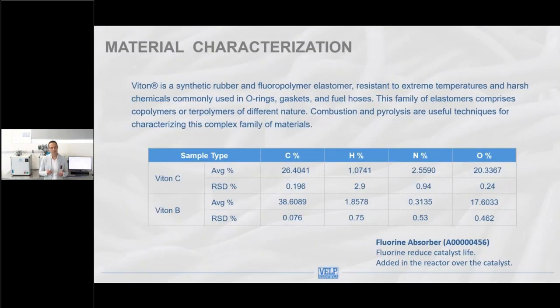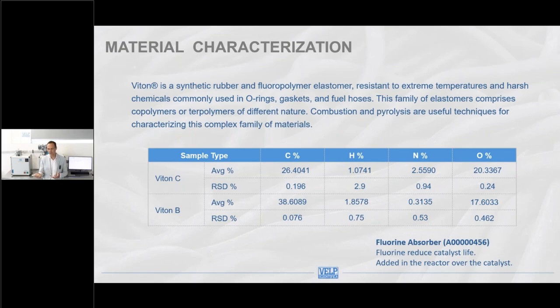In this example, we measure samples of Viton. Viton is a synthetic rubber, a fluoropolymer resistant to extreme temperature, very common in O-rings and gaskets, and CHNS and oxygen determination by pyrolysis is very common for the characterization of this family of materials. Viton also contains a lot of fluorine.